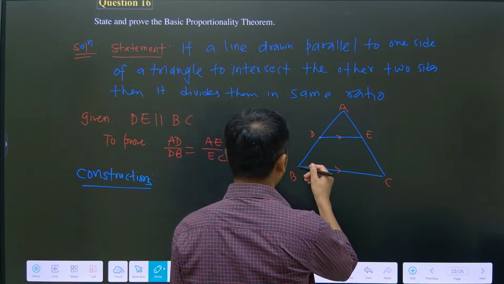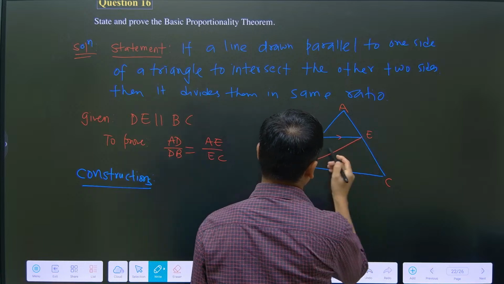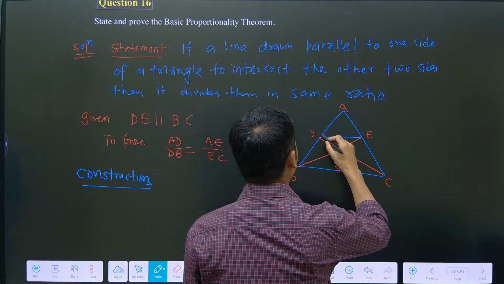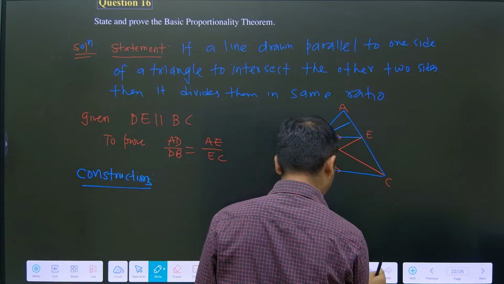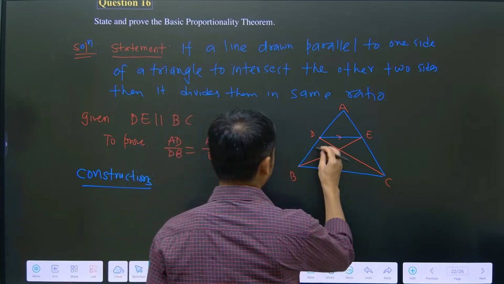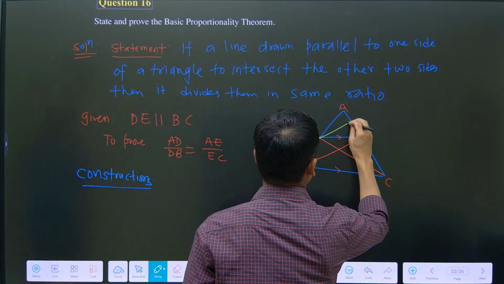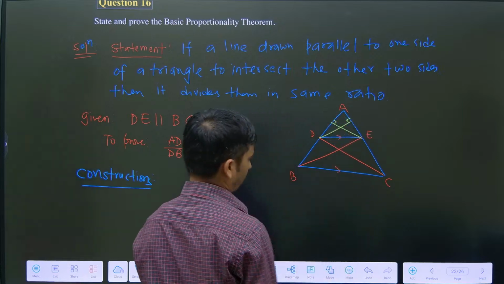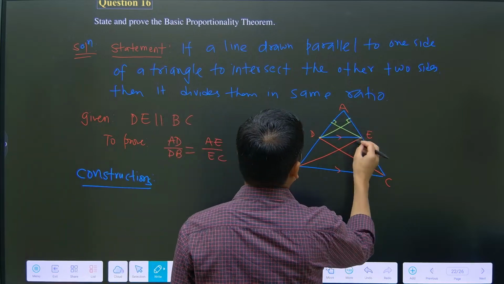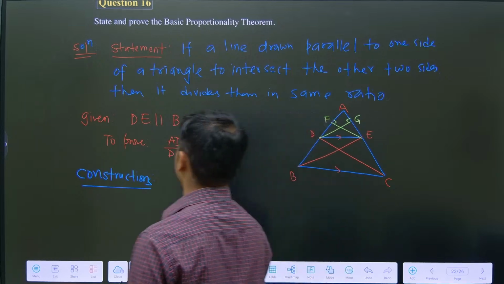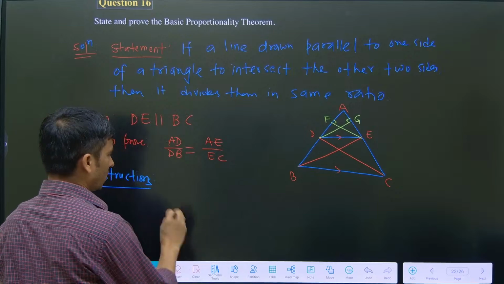We connect these, like this, then you connect it like this, then we draw perpendicular from here to this. Let me use a different color. Let's call them F and G. This is the construction, guys. So what do we do?